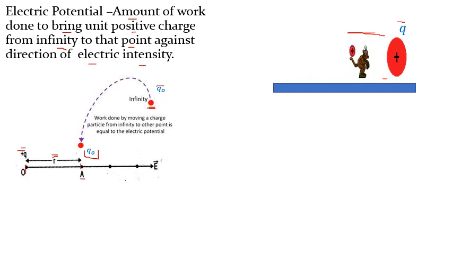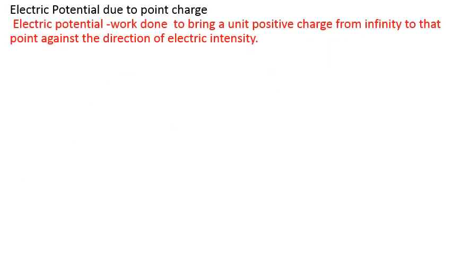To bring this charge towards Q, the monkey has to do some work, and this work per unit charge is called electric potential. Now we have to find the formula for electric potential due to a point charge. The question may be like this: define electric potential and obtain a formula for it. About the definition, we just discussed.